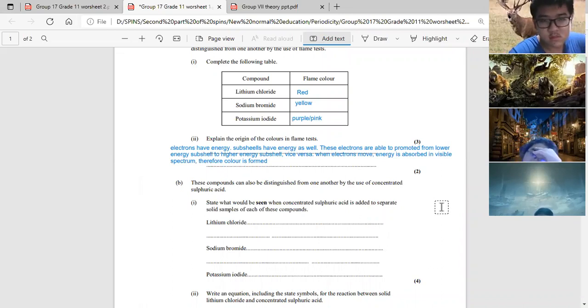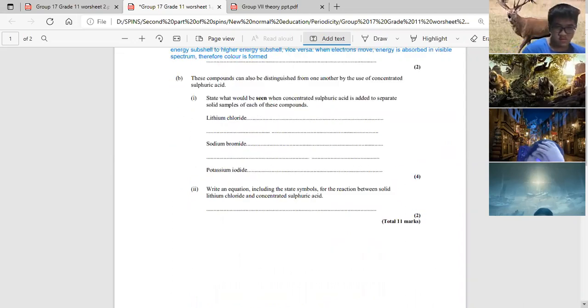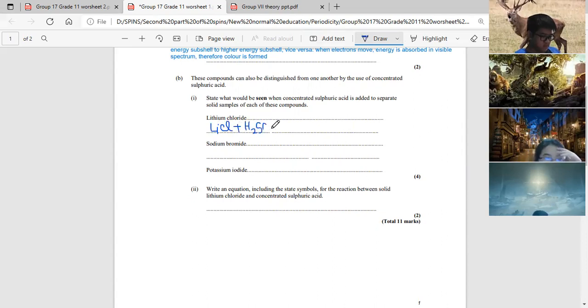Next, these compounds can also be distinguished from one another by using concentrated sulfuric acid. State what would be seen when concentrated sulfuric acid is added to separate solid samples of each of these compounds. Lithium chloride, LiCl plus H2SO4.